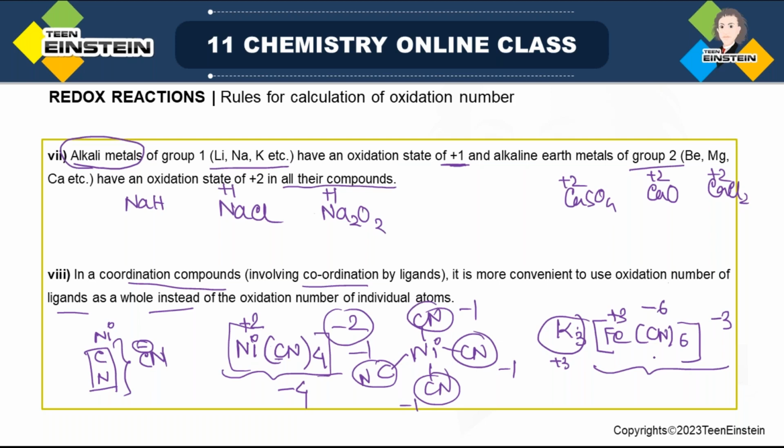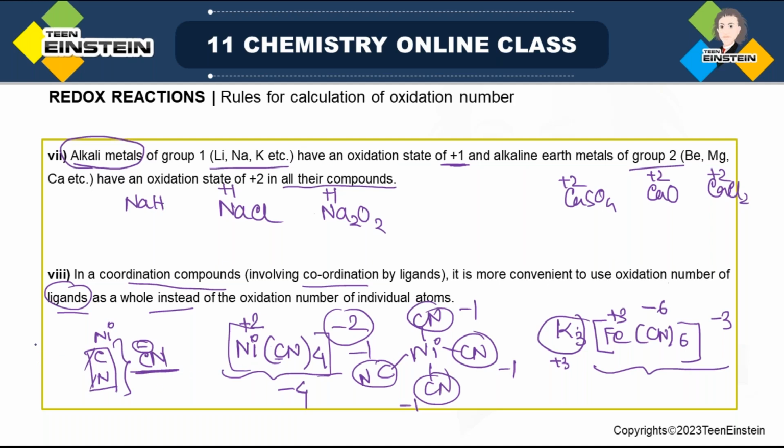This type of compound we deal with separately in coordination chemistry, which is in class 12. But for a preliminary idea, just remember that for whatever atoms you have in a ligand, you don't have to calculate the oxidation state separately. Both atoms together are represented as an anion, or it may also be a neutral ligand.